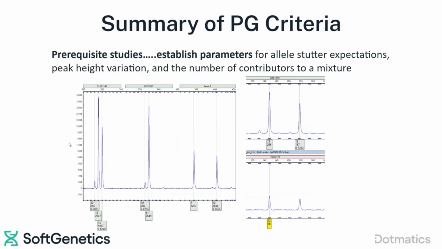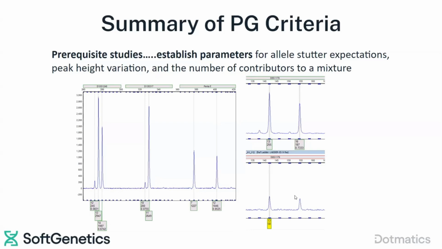Okay, here's another example showing dropout. So these are much higher RFU peaks, and we have a nice balance. This is the same sample, but at a lower RFU, and you see that it reached the dropout, and it is actually flagged here for being above analytical but below stochastic.